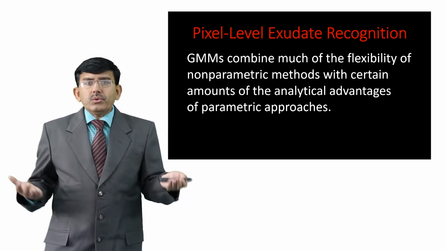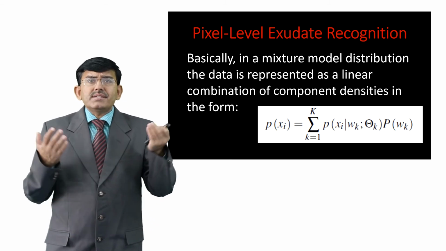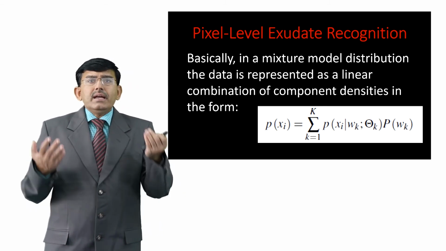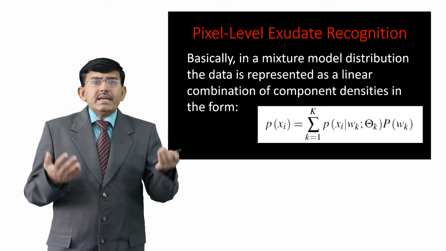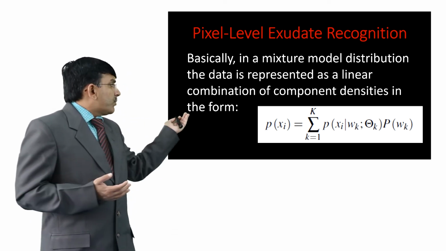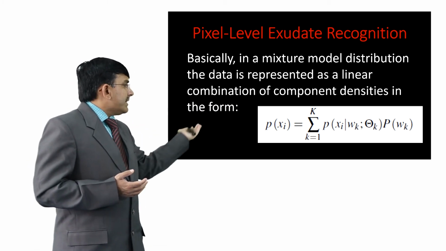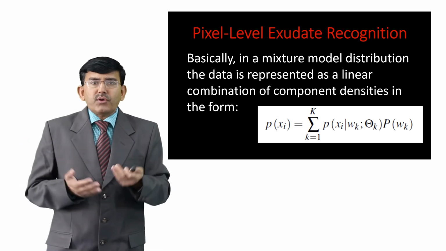Basically, in a mixture model distribution, the data set is represented as a linear combination of component densities, in the form of the probability distribution p(x), which is calculated by this formula.